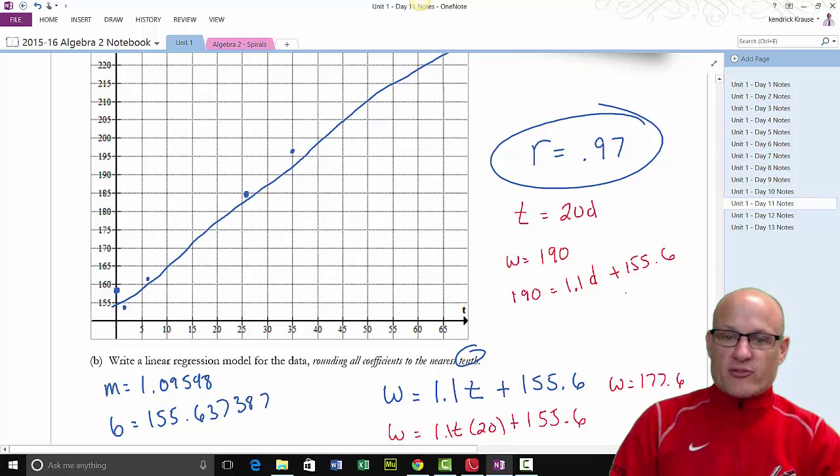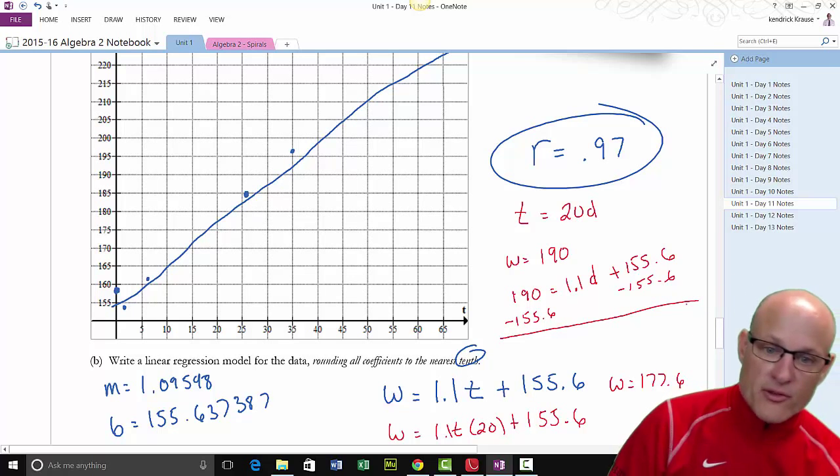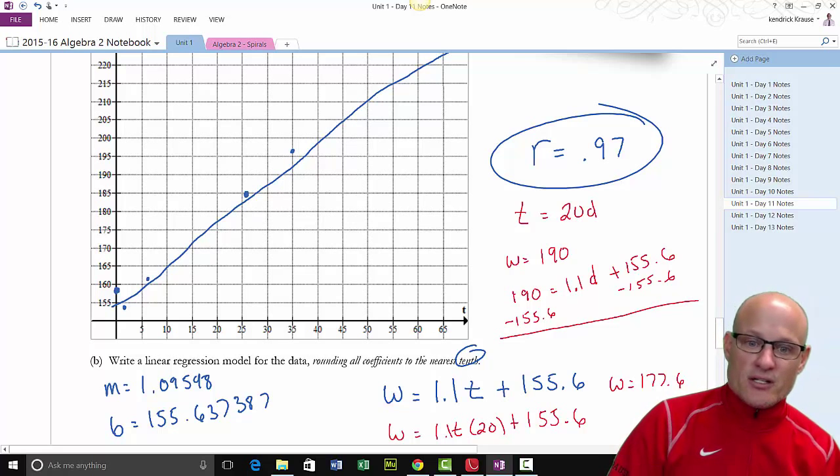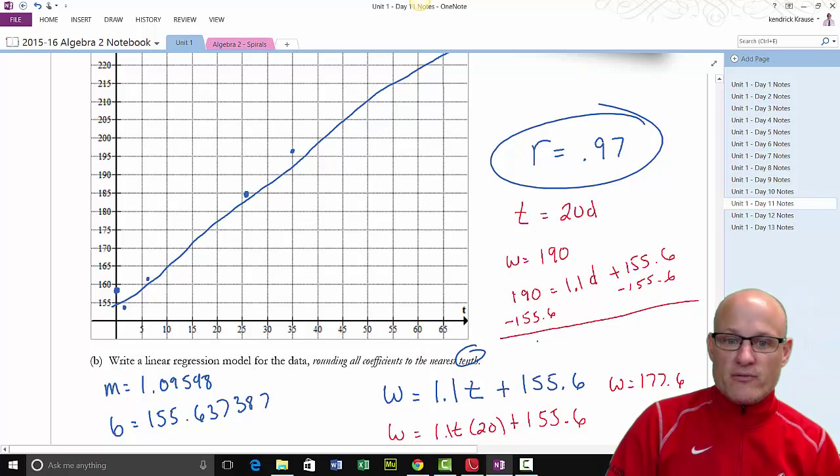So to do this, I'll subtract the 155.6. If I subtract 155, that would be 35. So 34.4 is equal to 1.1d. And then to get the number of days, I'll just divide by 1.1.